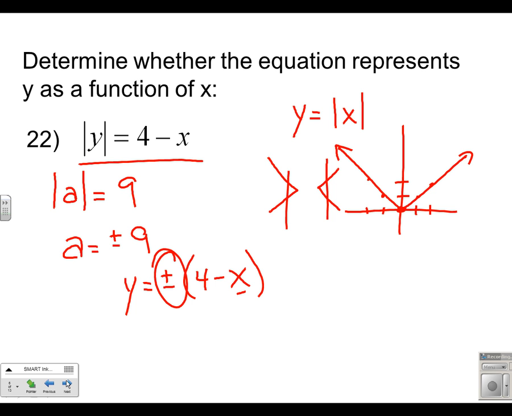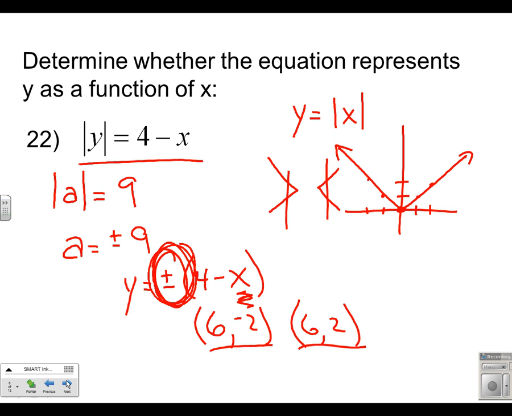Any value other than 4 that I choose, for instance 6, I get 4 minus 6, negative 2, but I also get the opposite of negative 2, too. So that's certainly not a function. So we're finding when we solve for y, if we get a plus or minus, this thing cannot be a function.